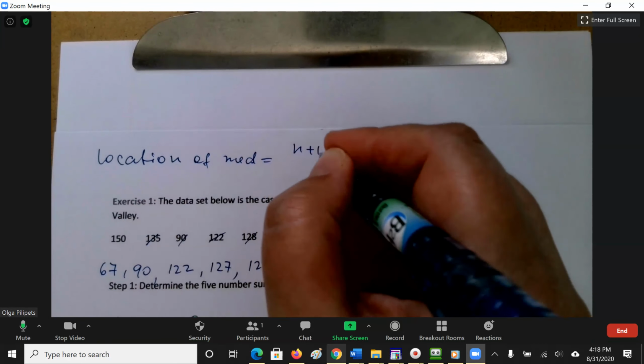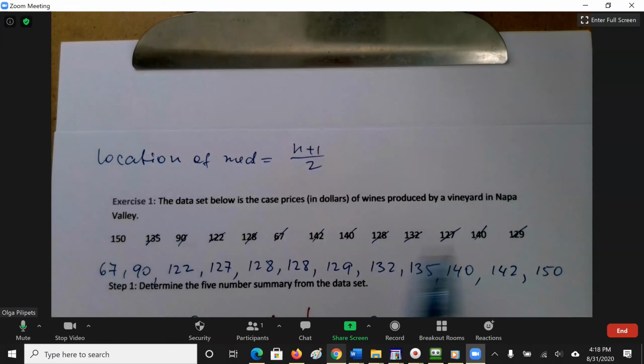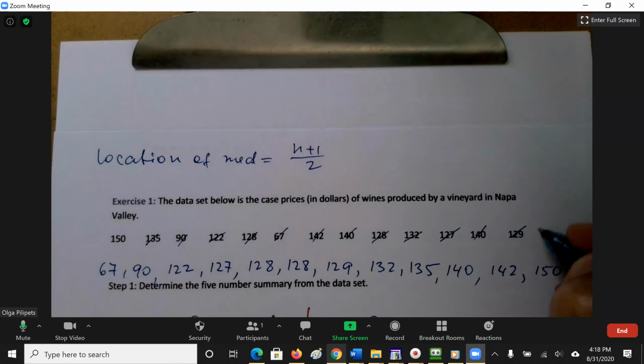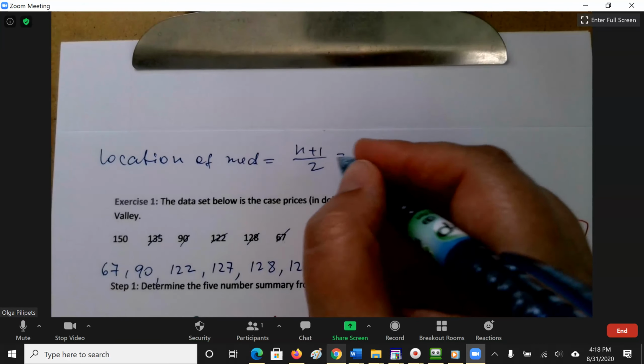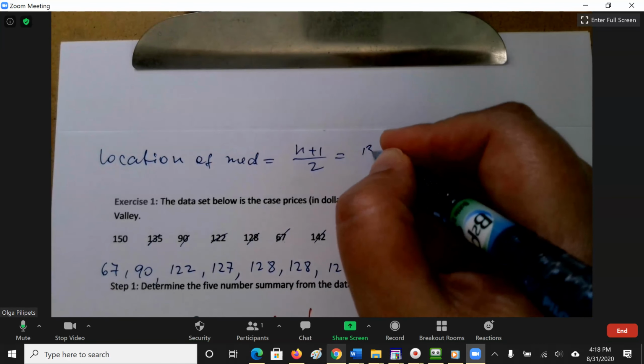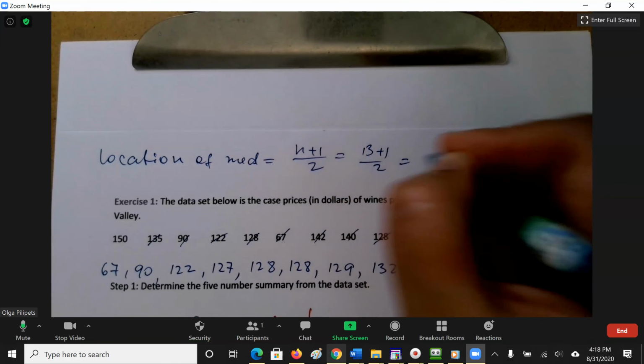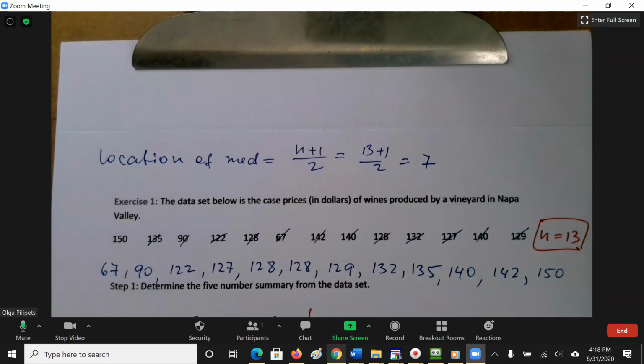Okay, so we just count our data values: 1, 2, 3, 4, 5, 6, 7, 8, 9, 10, 11, 12, 13. So n is 13 for this data set. All right, so we're going to have 13 plus 1 over 2, that's 7.